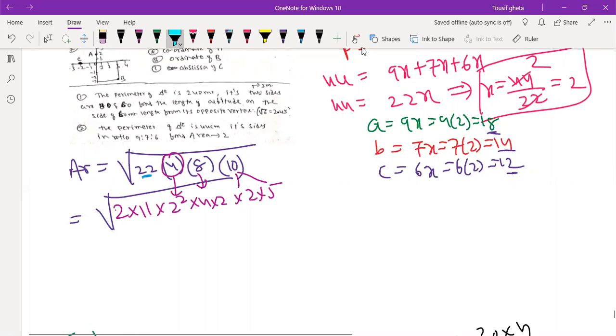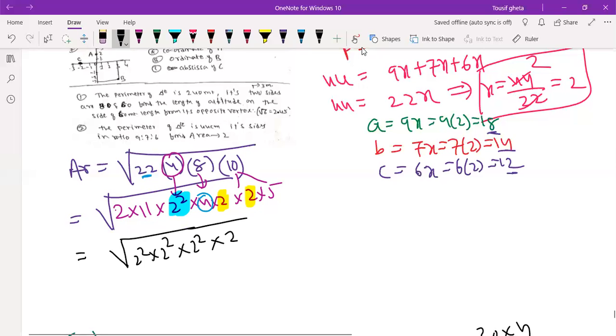This is already a perfect square, so this 2 we will take out. The rest we can't do anything with. So first perfect square 2 square, 4 also 2 square, another 2 square. Remaining will be 2 into 11 into 5. These 3 are not perfect squares. So we will get 2 2s are 4, 2 4s are 8, 2 11s are 22, 22 5s are 110. So 8 root 110 we will get.